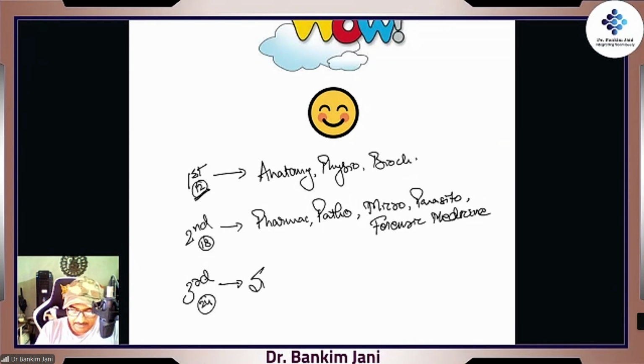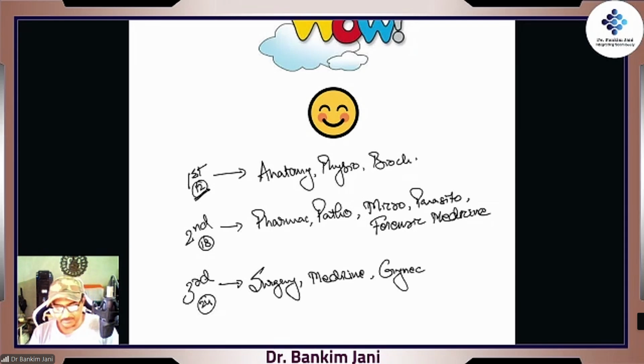And over here, it is surgery, medicine, and gynec obstetrics. The rest of the subjects, all the other subjects, are pediatrics, then ortho, ENT, then ophthalmology. All those things come with lectures along with one-month rotations.